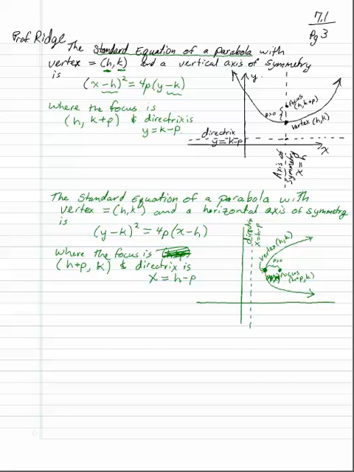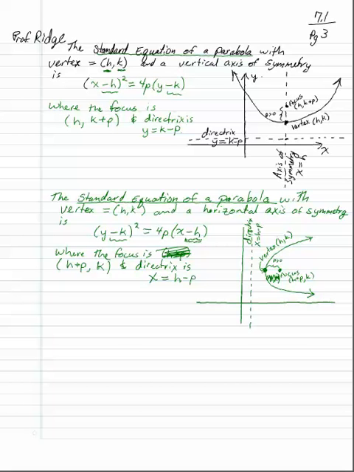Okay, and then the standard equation of a parabola with vertex (h, k) and a horizontal axis of symmetry, you just switch the x and y. But notice the y coordinate's always with the y, and the x coordinate's always with the x. So h is over here with the x, and k is always going to be with the y.